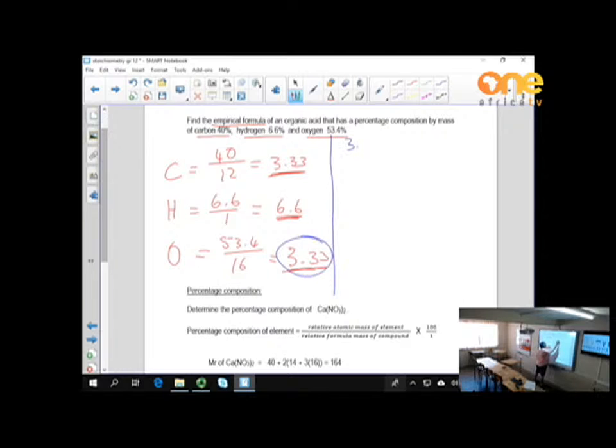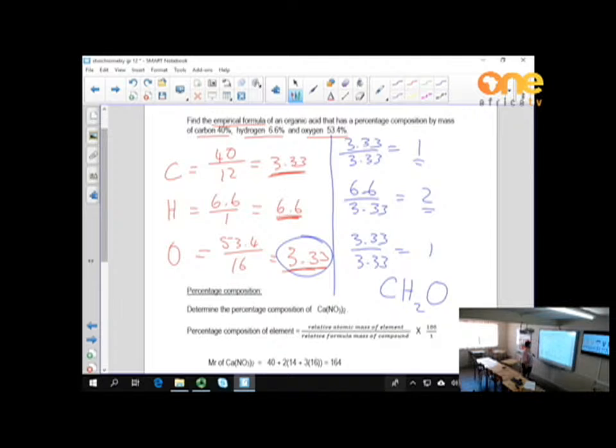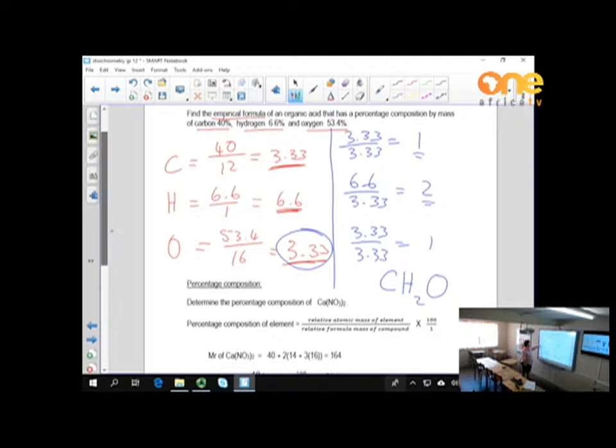So 3.33 divided by 3.33, 6.6 divided by 3.33, and 3.33 divided by 3.33. Here we will get 1, here we will get 2, and there we will get 1. So what is the ratio of these elements to each other? It is going to be C1, H2, O1. There we go. There we have the formula.